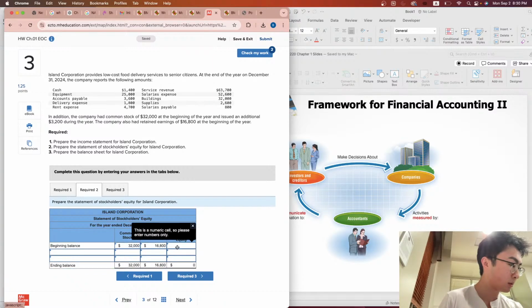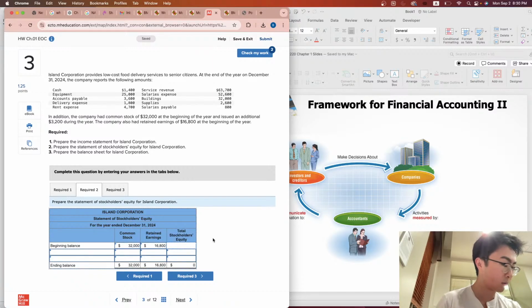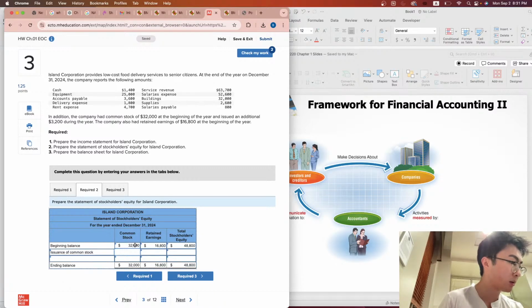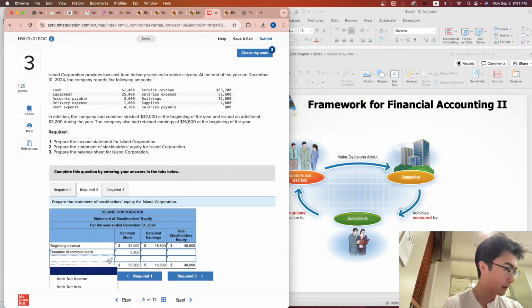Total stockholders' equity, so we add the two together and we get 4,800. All right, so we got additional issuance of common stock. Issuance of common stock, right? Of how much? 3,200.